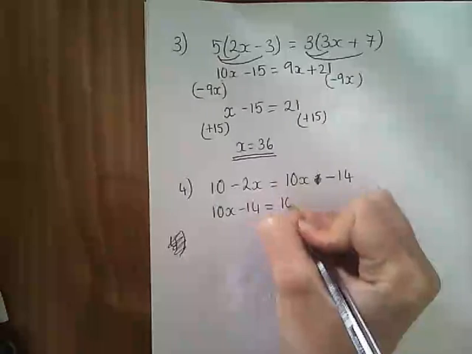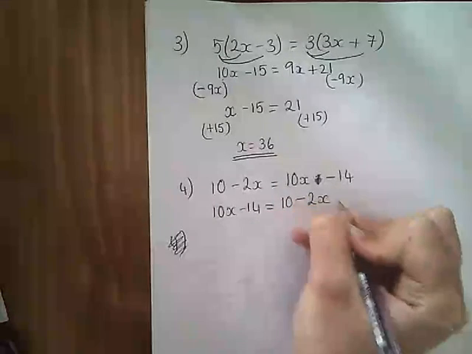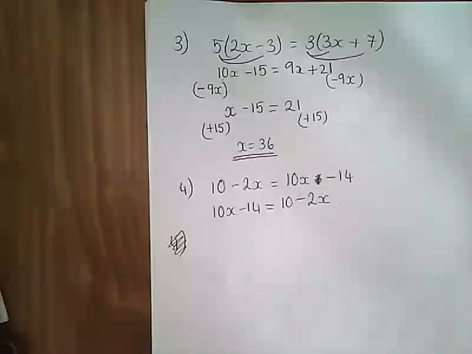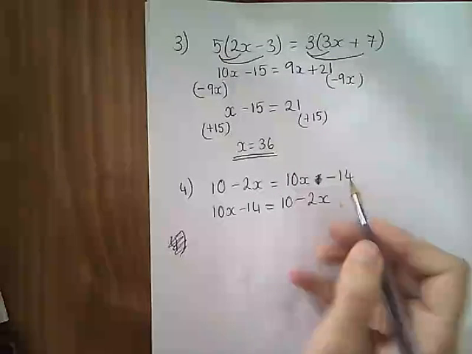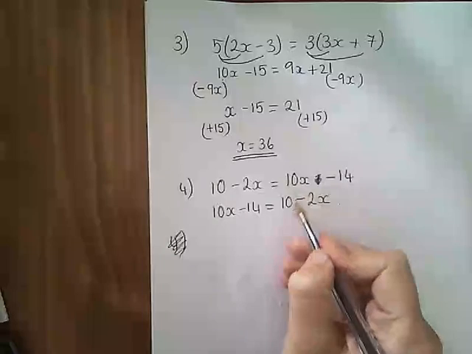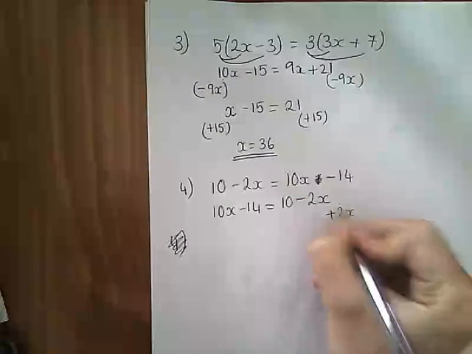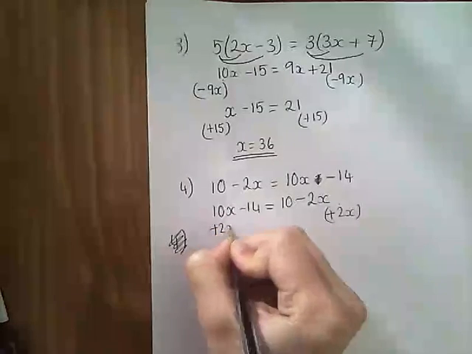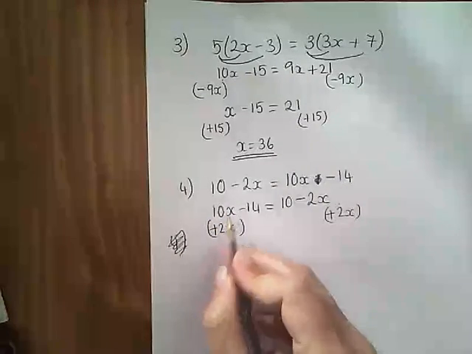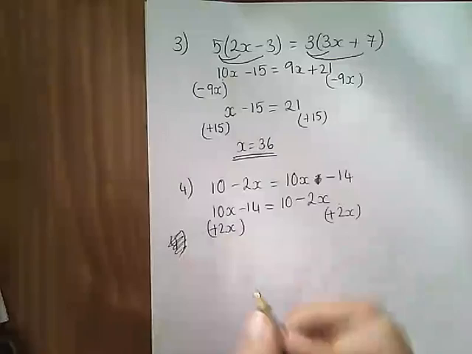So 10x minus 2x. Now normally we take away our smallest x, but here our smallest x is already being taken away. So to reverse that takeaway, we're going to add it. So we're adding 2x to both sides. 10x plus 2x makes 12x.